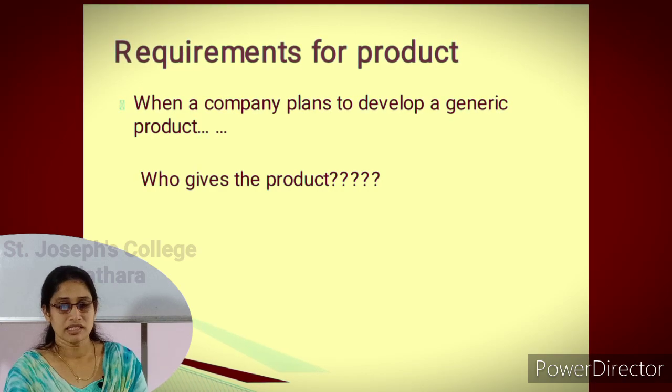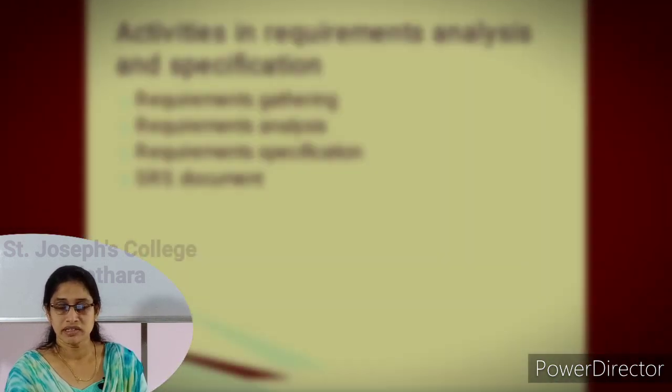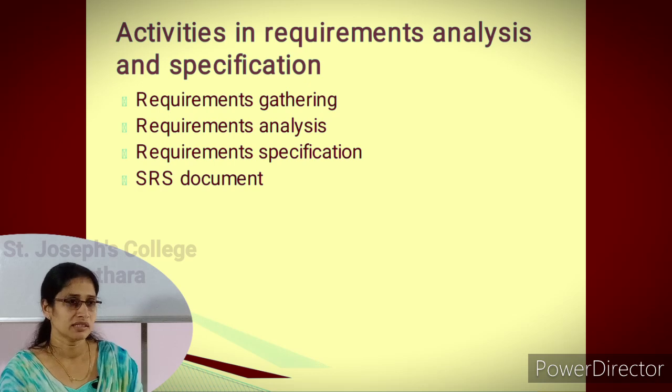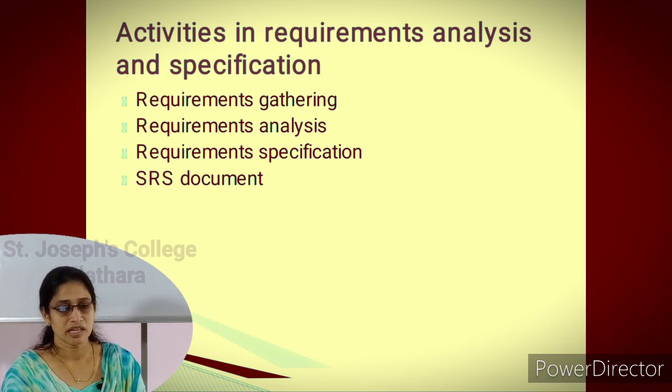Now, let us try to understand in more detail the activities carried out during requirement analysis and specification. As we are saying, the first is requirements gathering, because the requirements are there in the minds of the users. There are some techniques to do it, and once requirements are gathered, we start doing the requirements analysis.